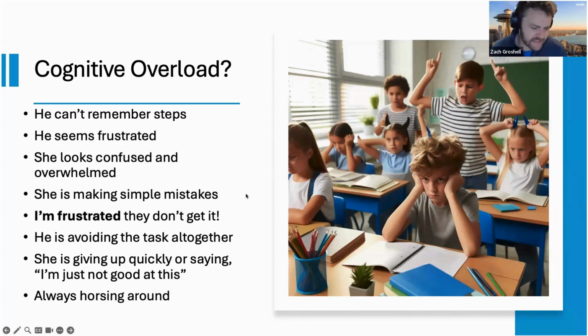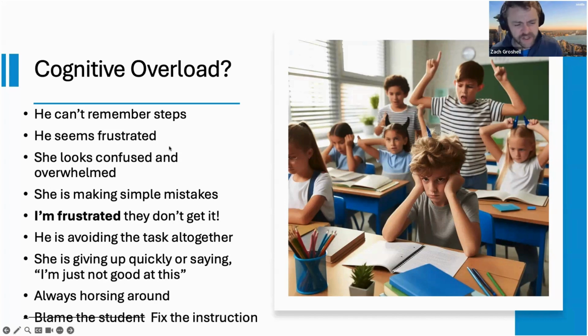And kids express that by messing around, by misbehaving. It's just so much easier to be the class clown than it is to be perceived as stupid by your peers. And I say that in all seriousness.